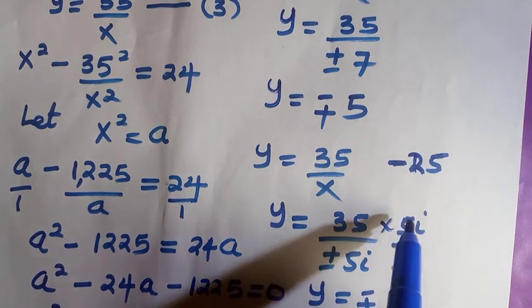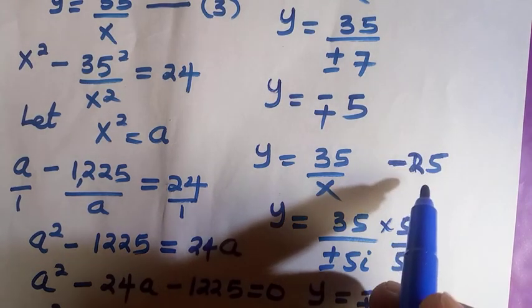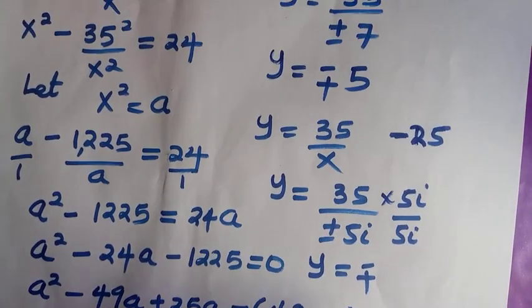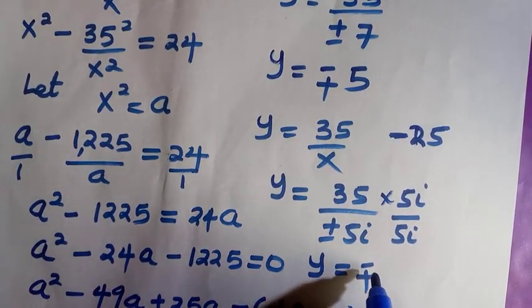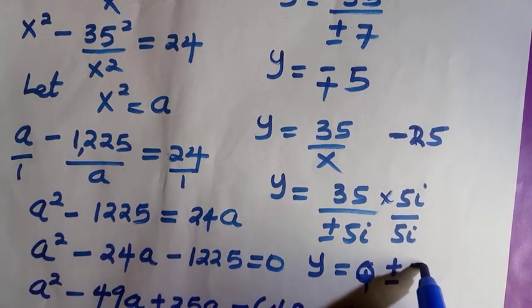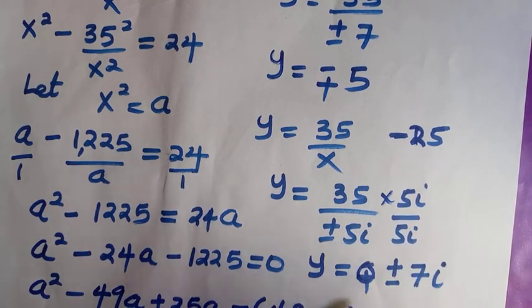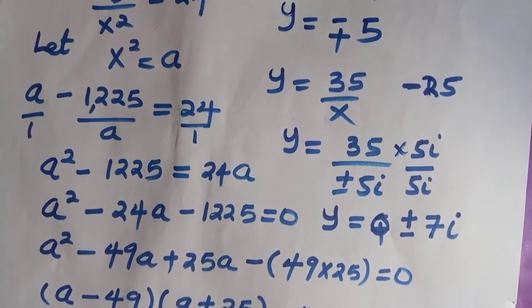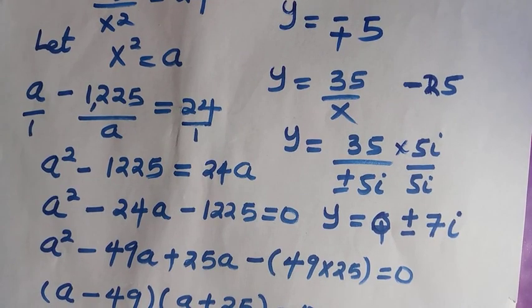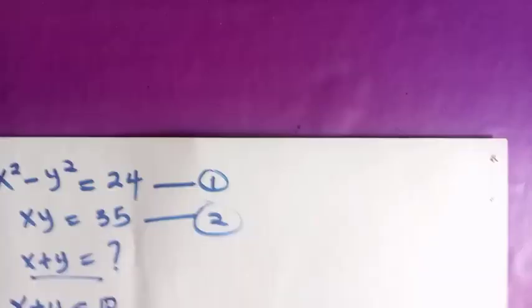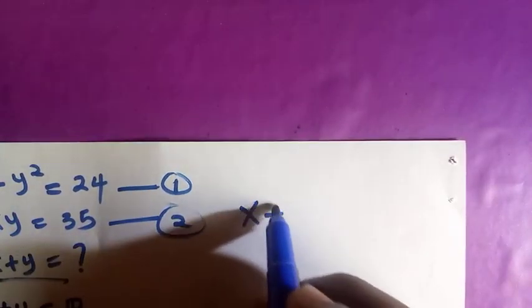While the 5i at the numerator can go into 25, becoming 5 at the denominator, 5 will also go into 35 seven times. So everything becomes plus or minus 7i. So here is the value of y when x equals plus or minus 5i.